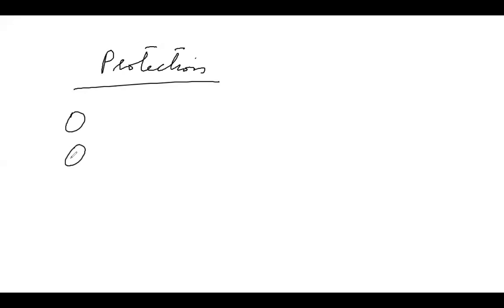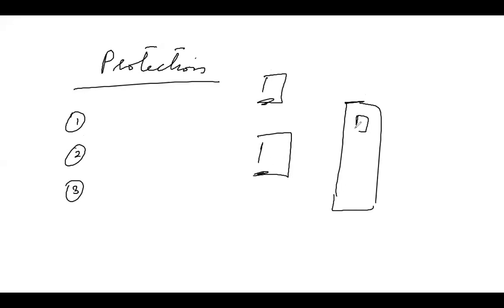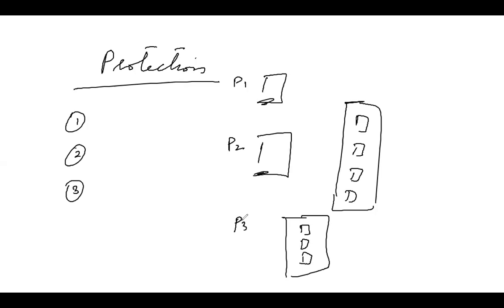So here are the objects, for example, object 1, object 2, object 3, and here we have files, and there are some big programs in which certain functions are mentioned over here. So this is program P1, this is P2, this is P3, and here you can see this is 3.1, 3.2, 3.3, and over here this one is P4.